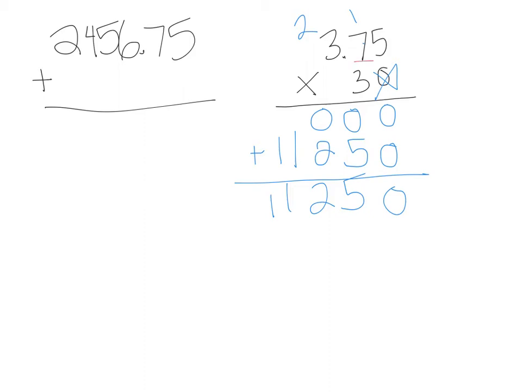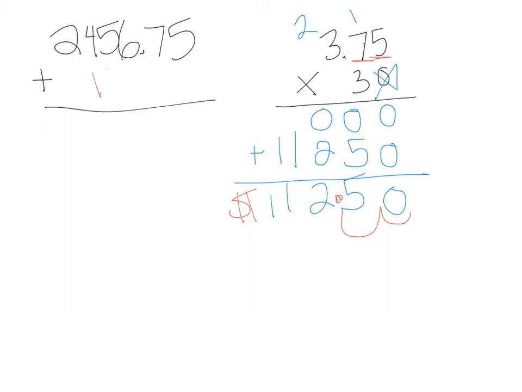I'm going to look very carefully. I have 2 digits after the decimal point in the question, so I need 2 digits after the decimal point in the answer. That tells me that he's going to get $112.50 extra that month for commission for the new gym memberships that he sold.